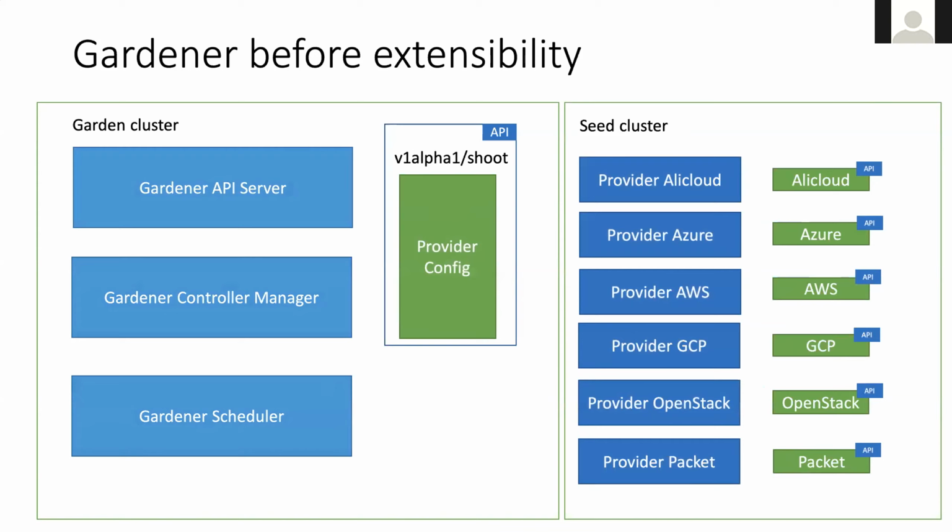The provider responsible for the respective infrastructure is also responsible for delivering the concrete API it needs. This means every provider specific is exported from the Gardener API server, which makes it quite extensible. That's the reason why we call it extensibility.